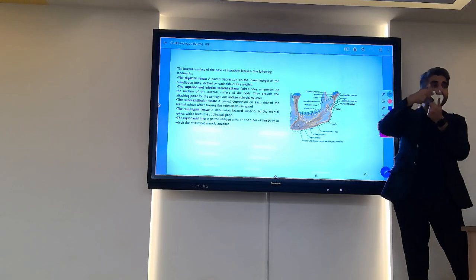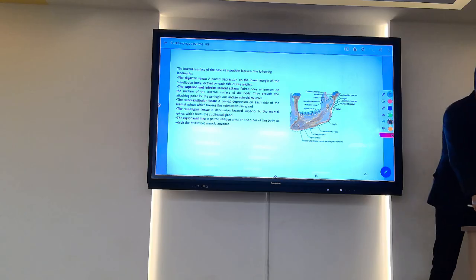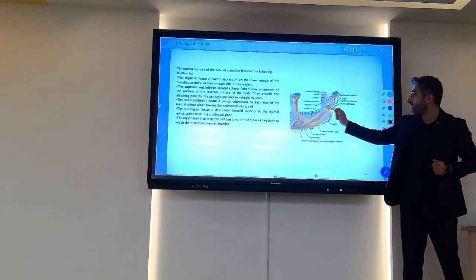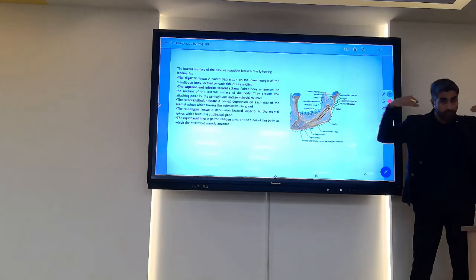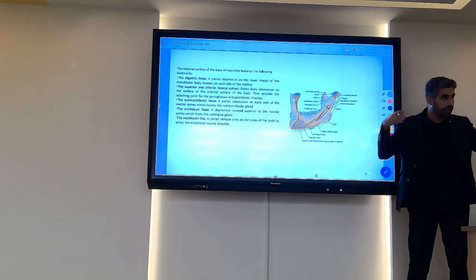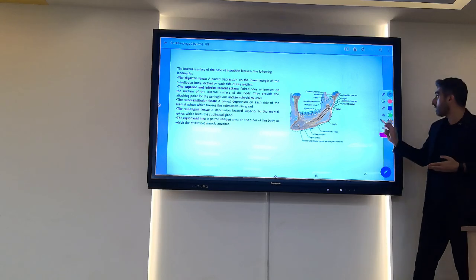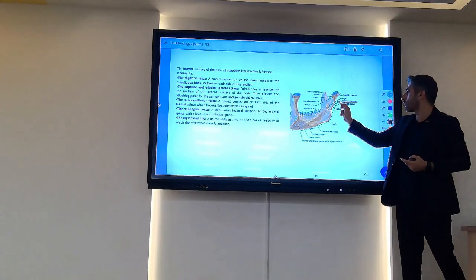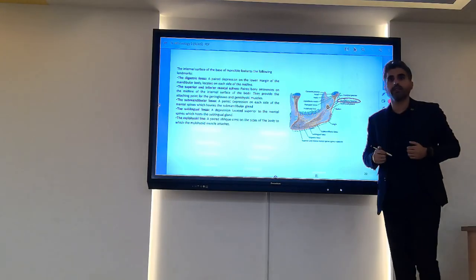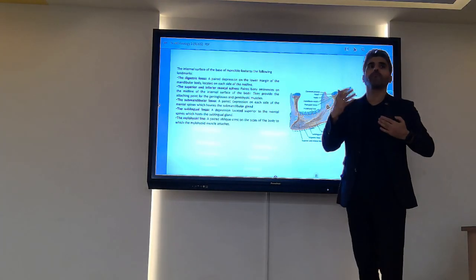Now let's see the inside of the ramus. Inside, we have a foramen. This is the beginning of a canal inside the bone. The artery and nerves for the lower teeth go inside this canal. The name of this foramen, the beginning of the mandibular canal, is the mandibular foramen.